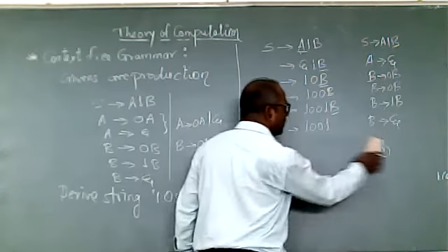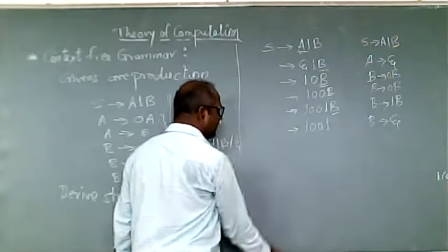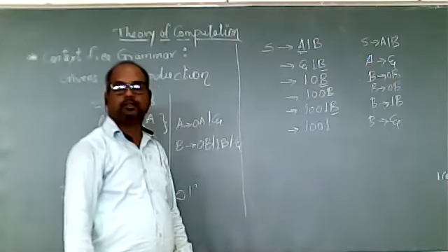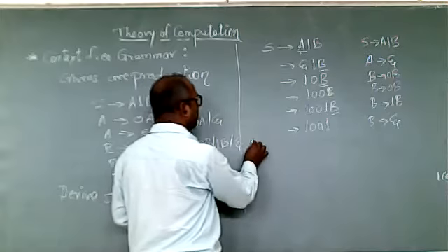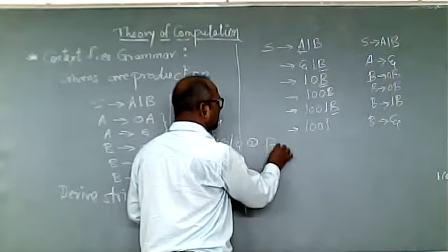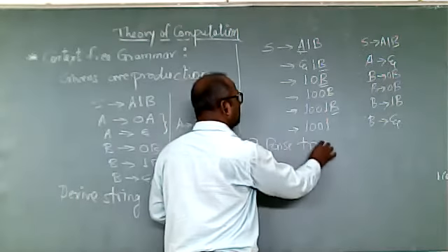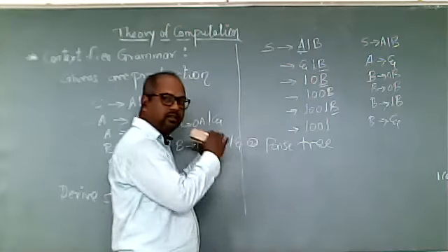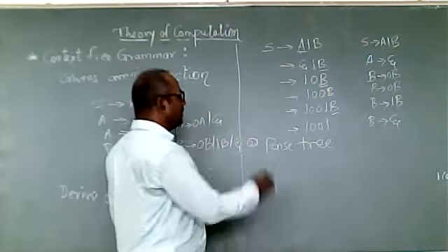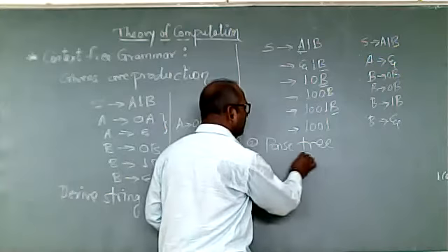Now the other method, the second method, is called a parse tree. This was the sentential form. The second is called a parse tree. Parse tree means how we are deriving the string. From where have we started?